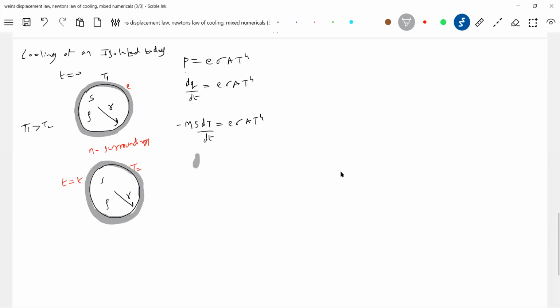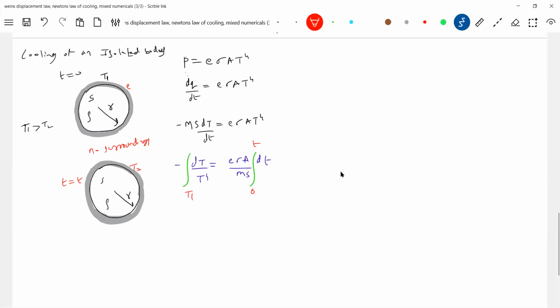Let's go for this one. So dT by T to the power of 4 is equal to minus E sigma A dt by m s. Okay, this is the negative sign. What can be the limits? At t equals 0, the temperature is T1.